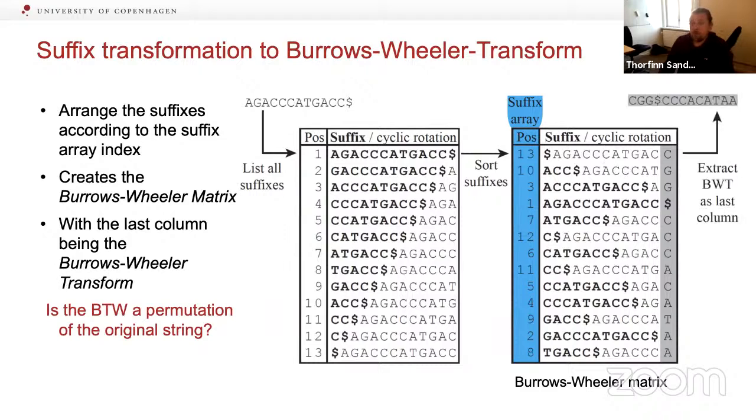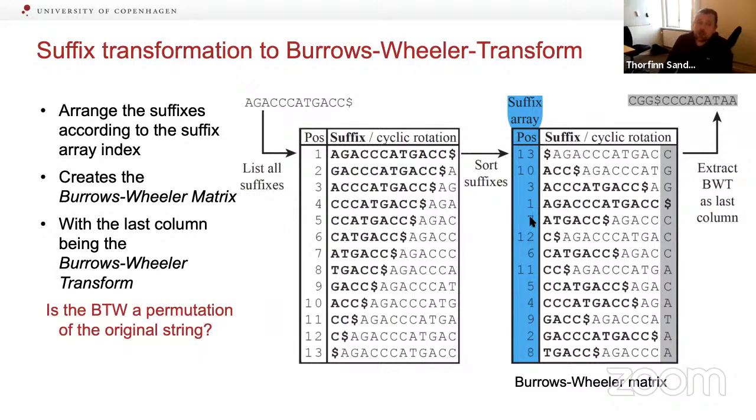Then the last column of this Burrows-Wheeler matrix is what is called the Burrows-Wheeler transform of our original text. So let's get back to that shortly. We call this the last column, and we have the first column.